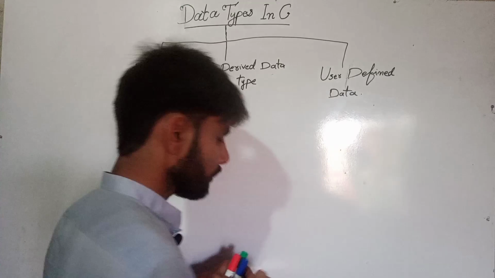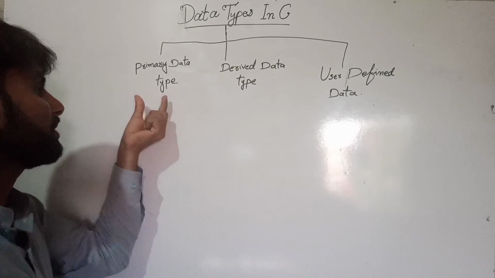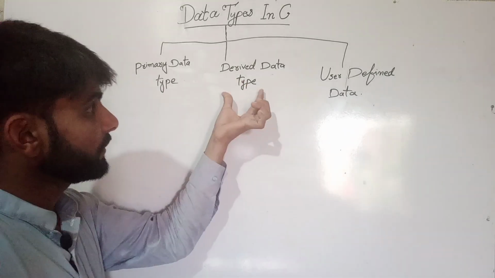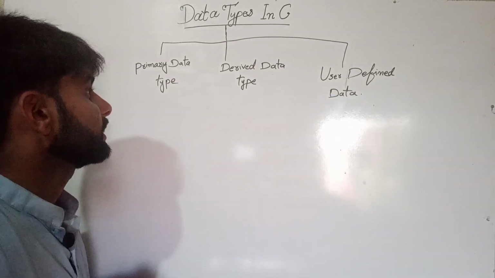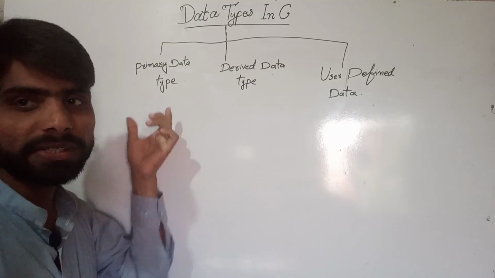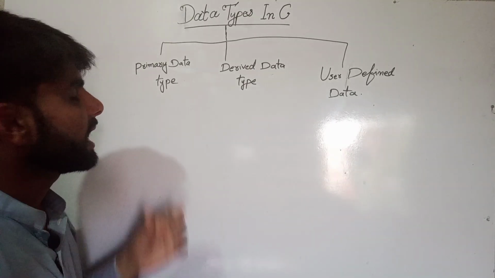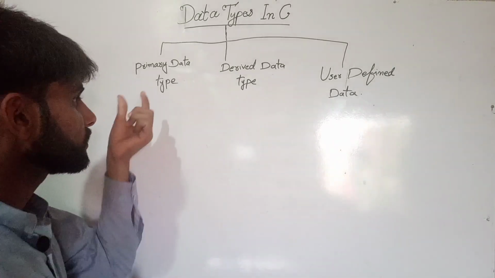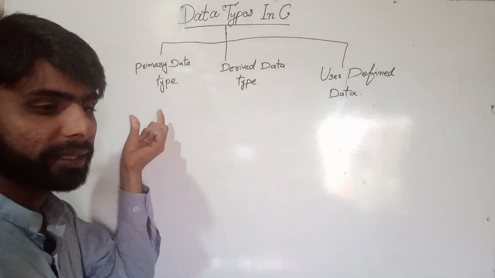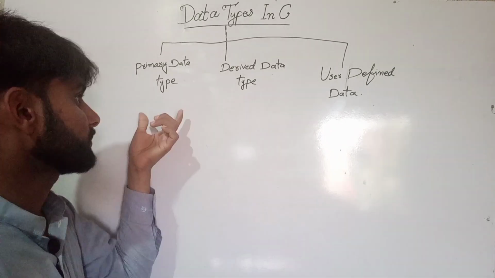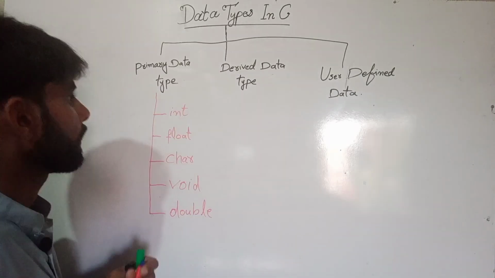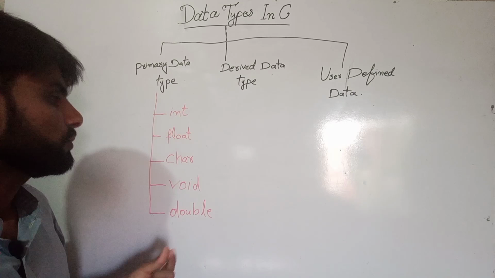In the C language there are three basic data types that are used. Let us know them. The first one is the primary data type, the second one is the derived data type, and the third one is the user defined data type. First, the primary data types are frequently used in our programs.